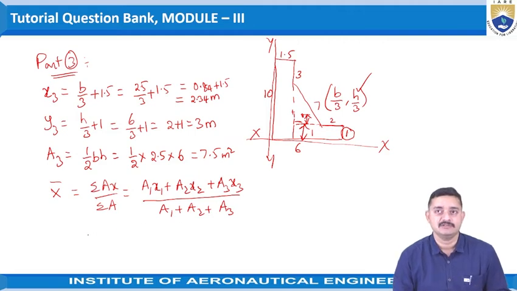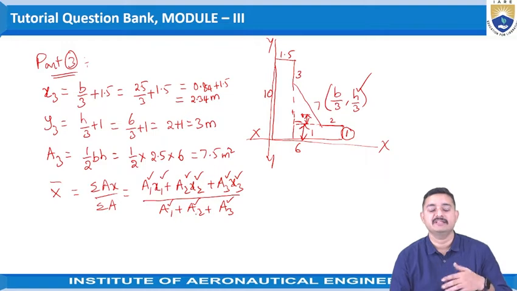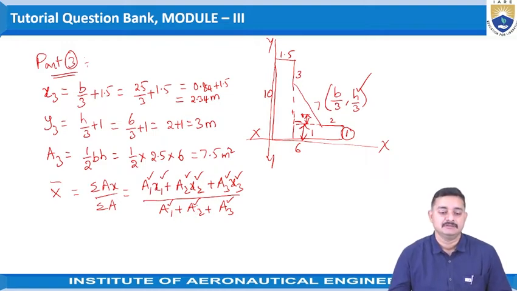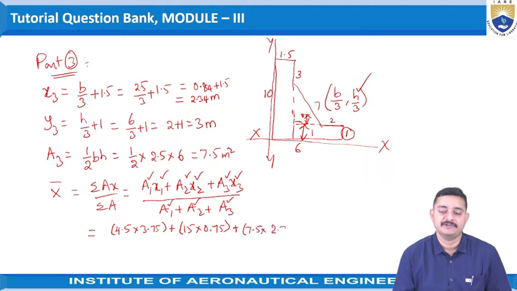Now let us substitute the values of A1, x1, A2, x2, A3, x3 and A1, A2, A3 in the formula so that we will get the value of x bar. The values can be substituted as shown here: 4.5 into 3.75 plus 15 into 0.75 plus 7.5 into 2.34, divided by 4.5 plus 15 plus 7.5.